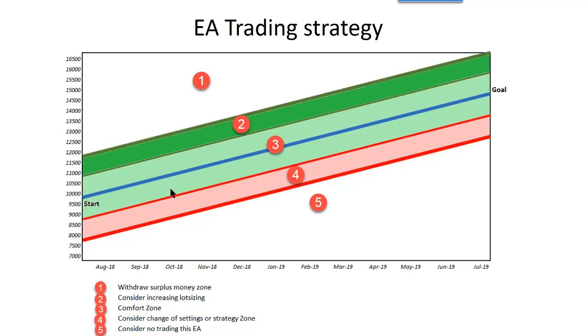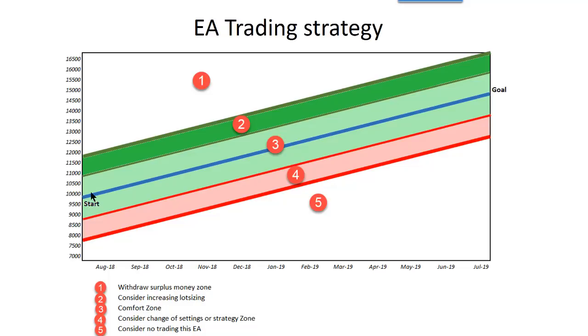In other words, it can have drawdowns and it can have really positive periods, and the looseness here is represented by this light green area. So it can overperform for a while, it can underperform for a while, as long as the account balance based on the time stays within this light green area, which is roughly a $2,400 area.